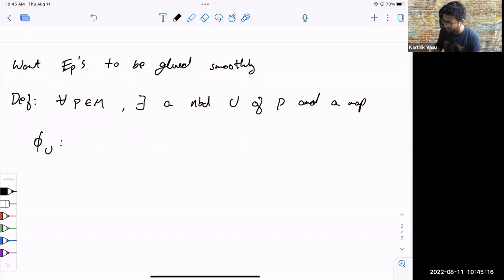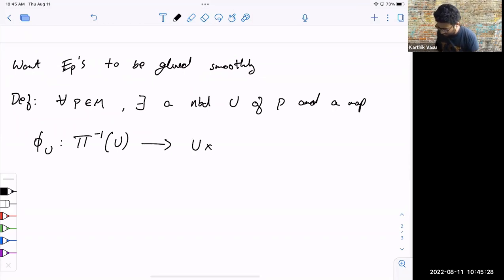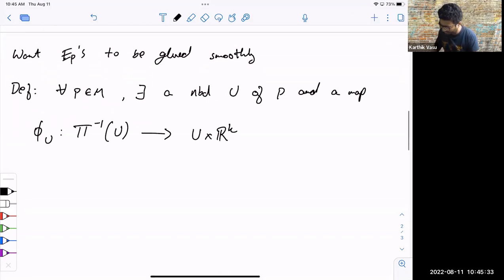I'll index it by the same open set, which will be defined on pi inverse of U. Pi was already defined, it was the projection map. I will take the inverse image of that. And I want this to map to U cross R^K, where K is the rank, and I want more properties for this.